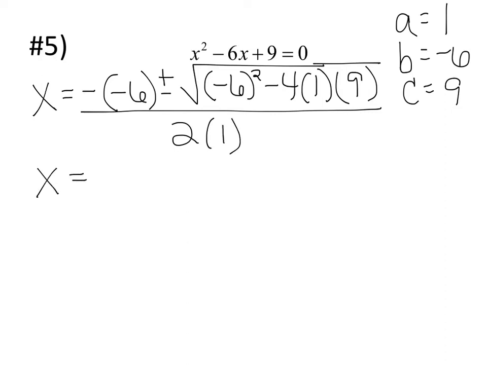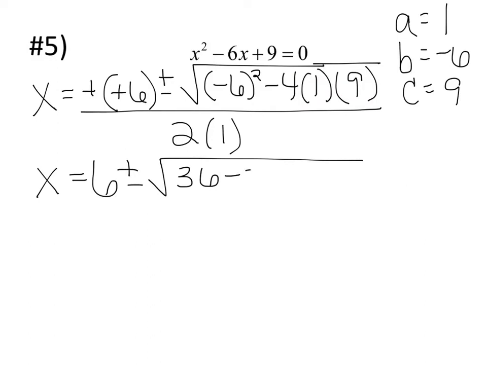X equals, minus a negative is the same as positive, so it's just positive 6, plus or minus the square root, negative 6 squared is 36, and then you take negative 4 times 1 is negative 4, times 9 is negative 36. All over 2.